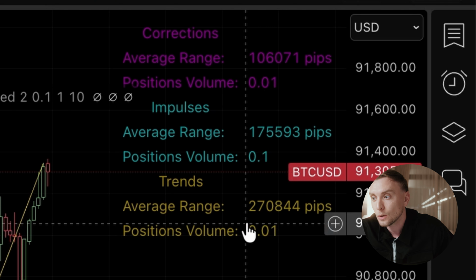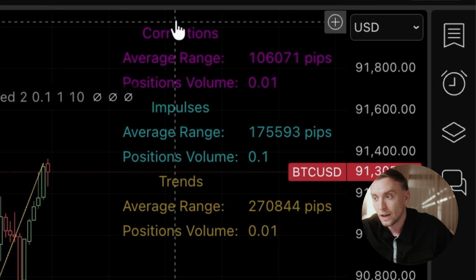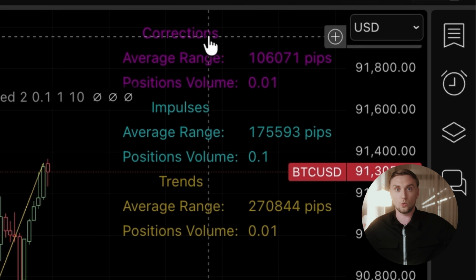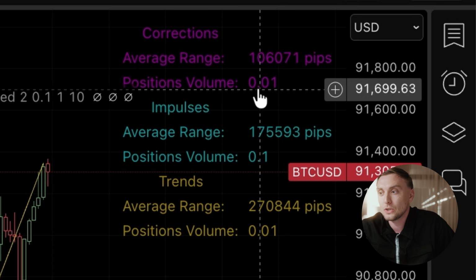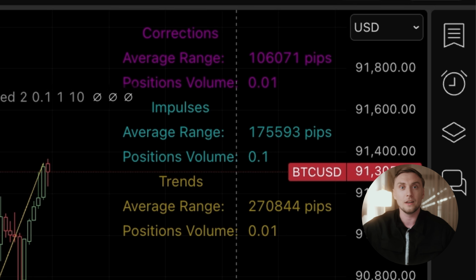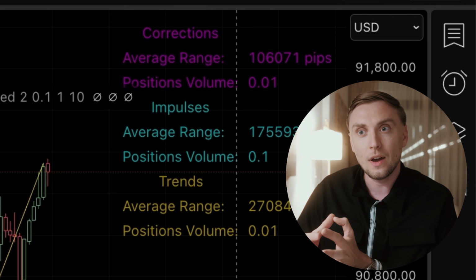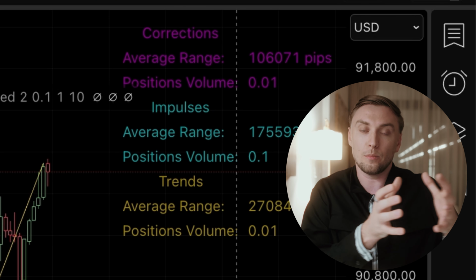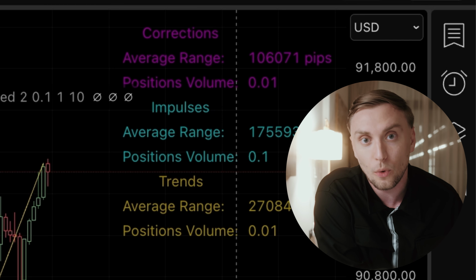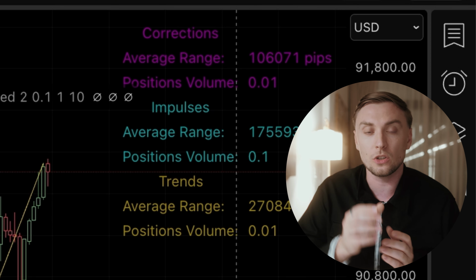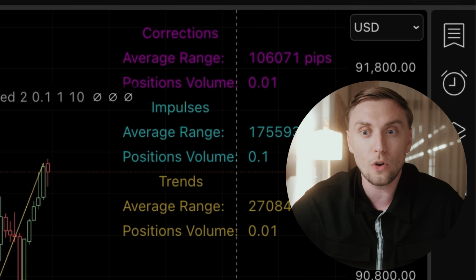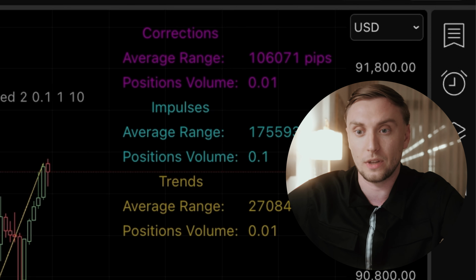It's the same with the correction: the latest correction is so wide that if I want to put the stop loss under the correction, I need to open a position with just 0.01. In this case I'm not missing potentially profitable entry points, I'm just opening a position with a smaller trading volume that really helps me protect my capital.